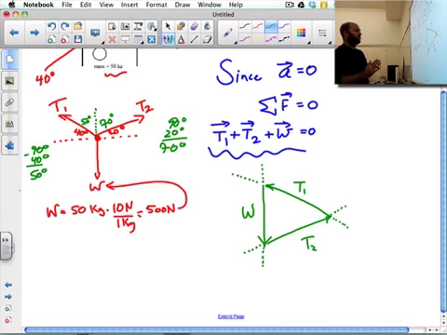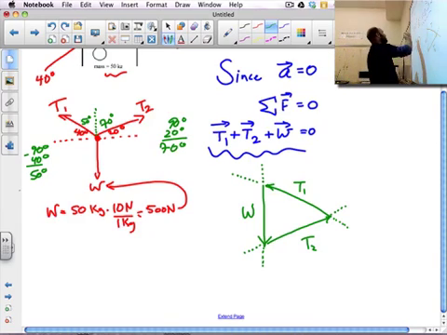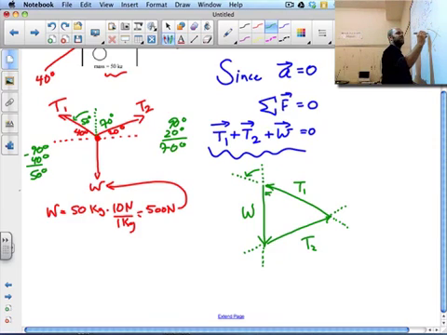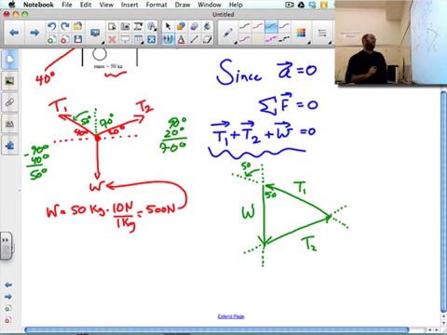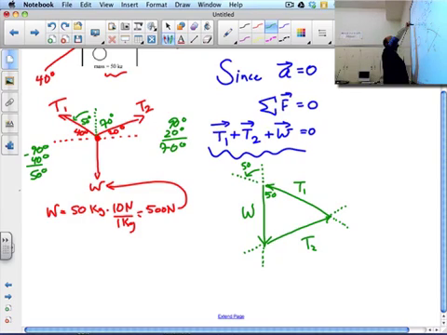From the vertical to my T1, this angle here is 50, therefore this angle here is 50. If I look at the other side, my T2 makes a 70-degree angle with the vertical.